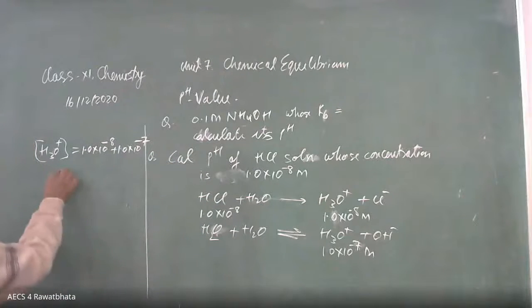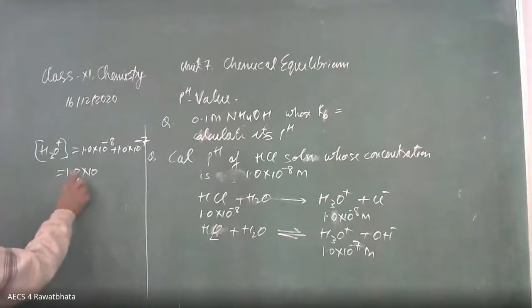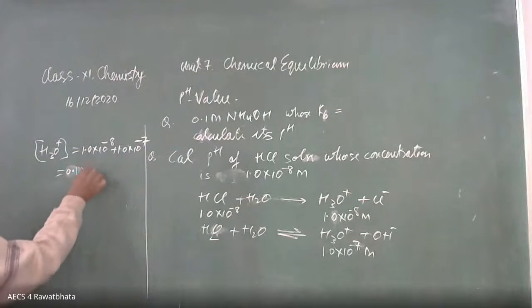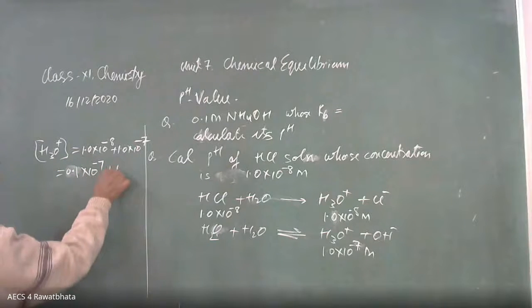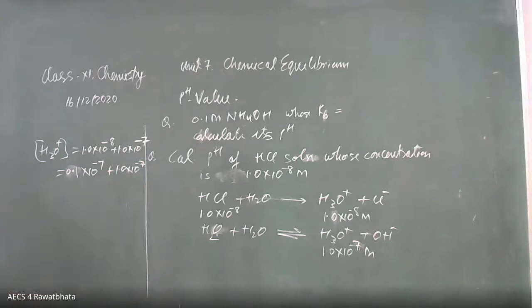So this is equal to 1.0 × 10 raised to power... we have to make the power equal. Then it is 0.1 × 10^-7 plus 1.0 × 10^-7. Addition can be done only when the powers are the same.